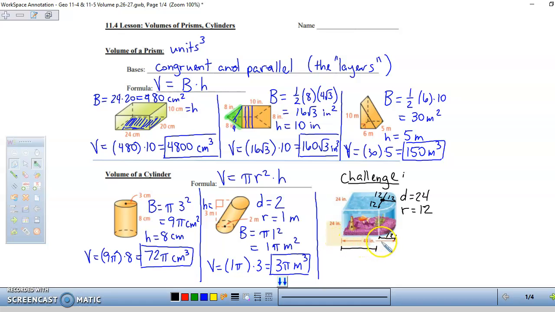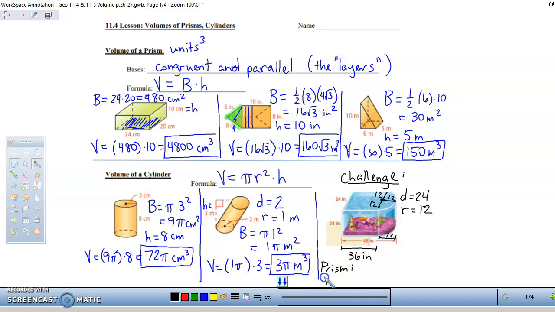So if all the way across the aquarium, including both pieces, is 48, and we know the radius is 12, then the remaining part of this box is going to be 36 inches. So what that does is allow us to split this into two different problems. So the prism, the base area is going to be 36 by, and then that piece here is 12.